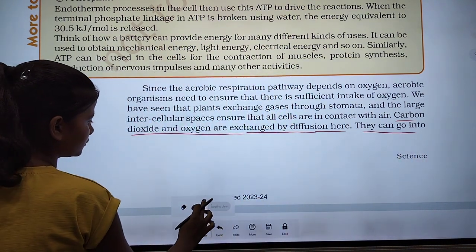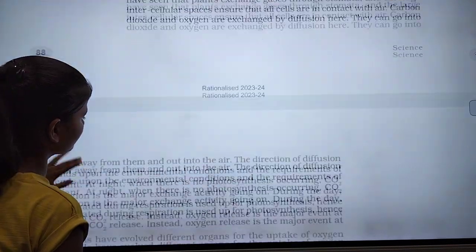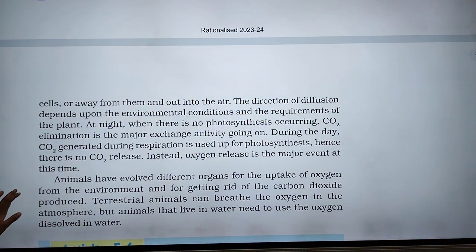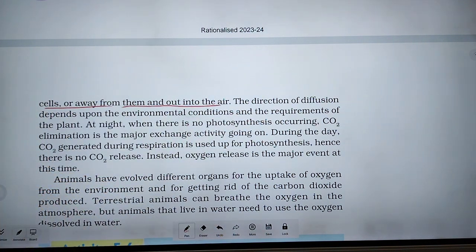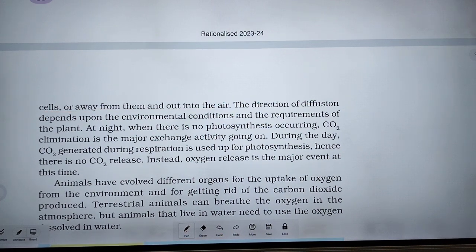They can go into the cell or away from it and out into the air. It means they go into the cell and away from it, out into the surroundings, which means air.